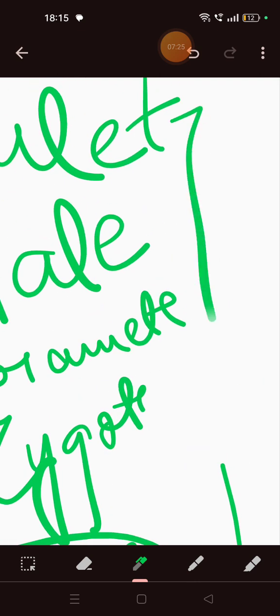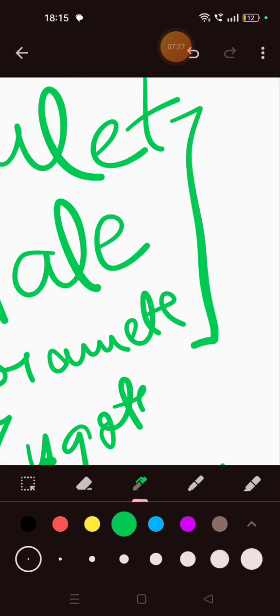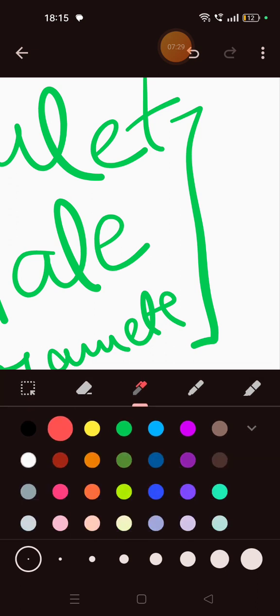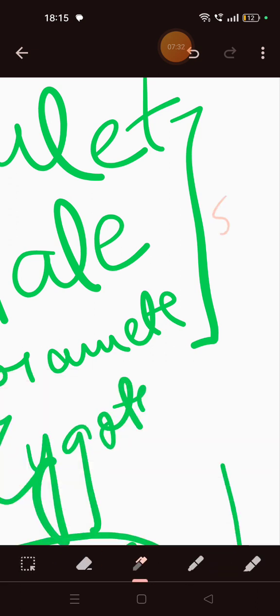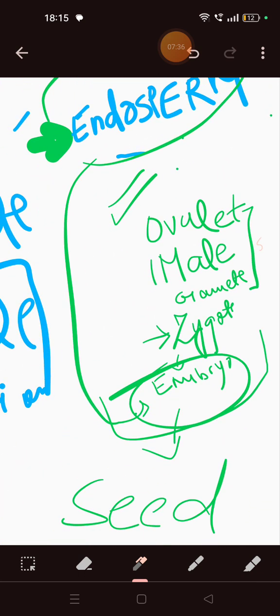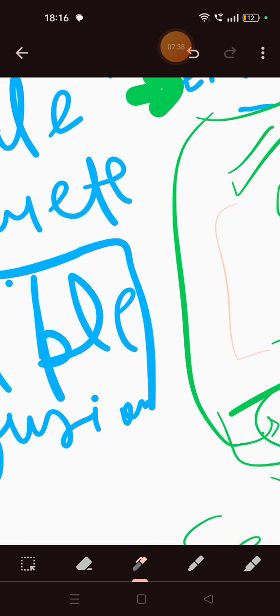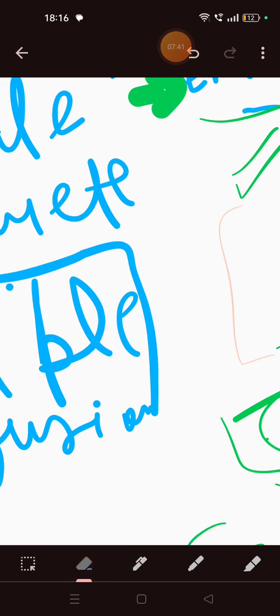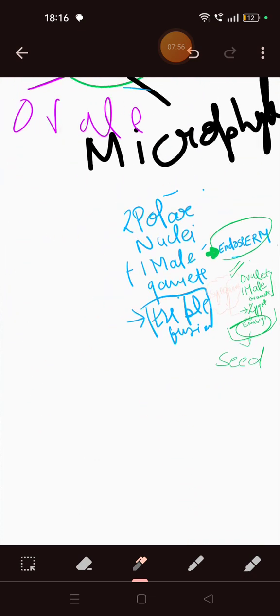This process is called syngamy. Right, so now this is syngamy. I hope you all know this thing.